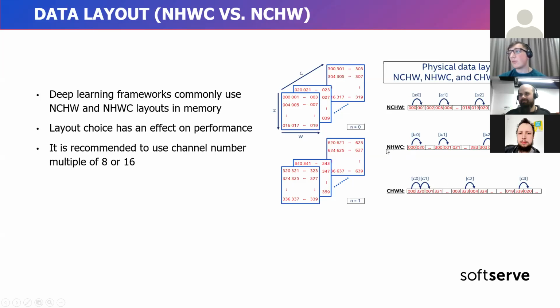Basically, we have a four-dimensional matrix where N is the batch size, H and W are the height and width of the image, and C is the number of channels in this image. For this case, the first pixel of each channel will be nearby the previous pixel. So basically, the last index in the layout type specifies which pixels will be nearby in memory.